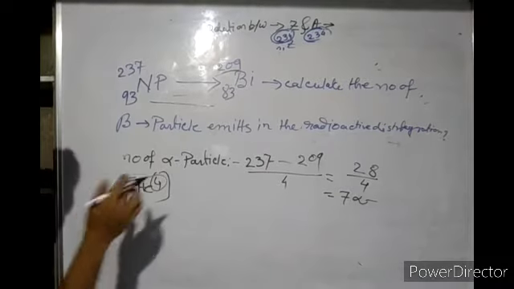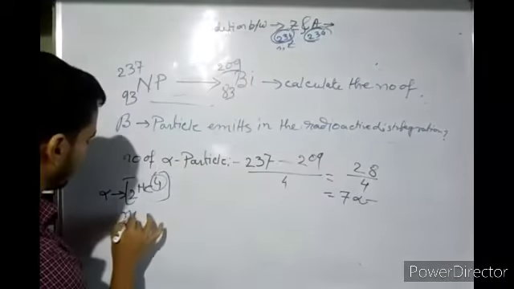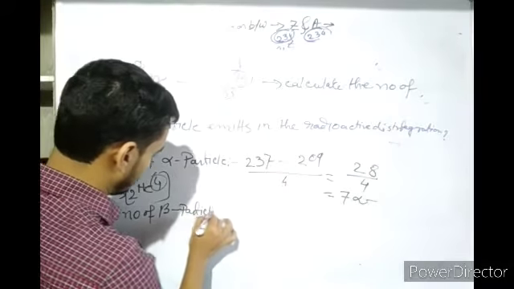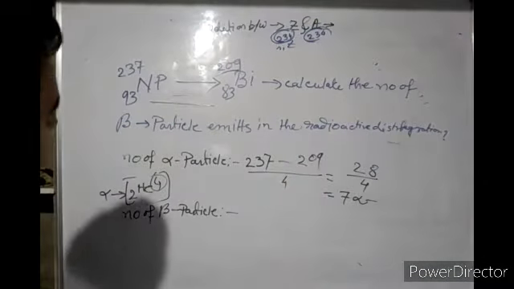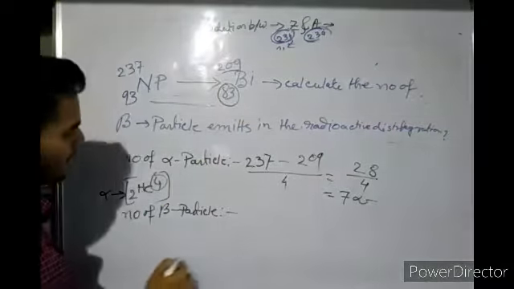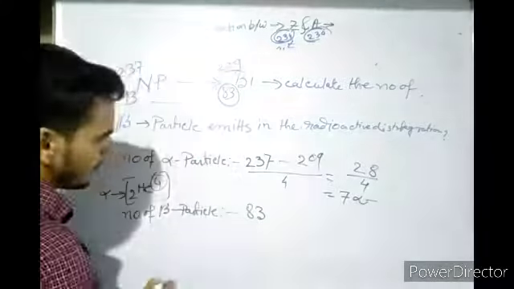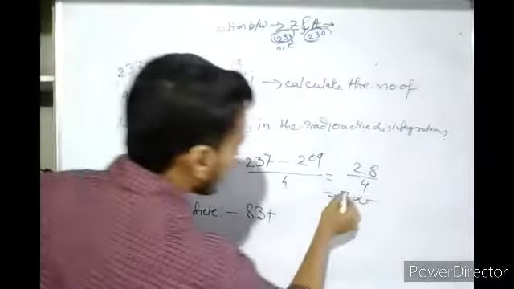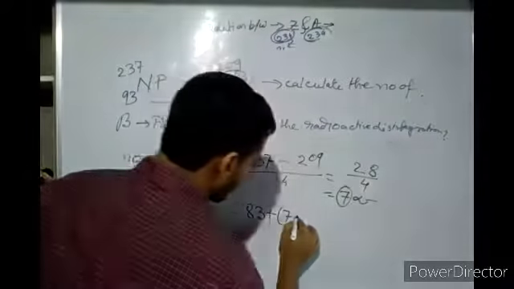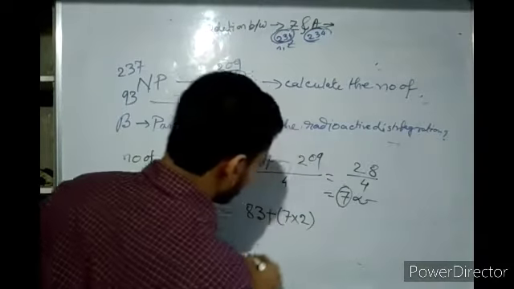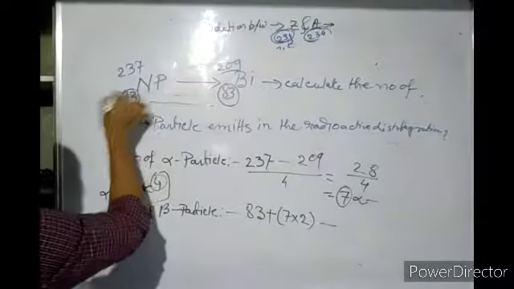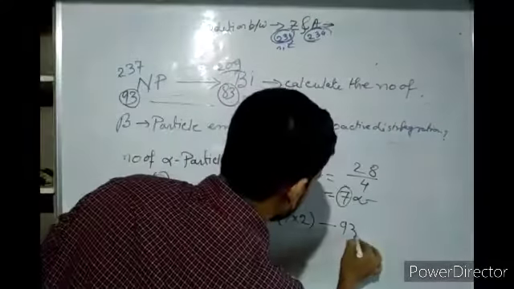Okay. Now number of beta particles. From the formula we know: atomic number of the last stable element, 83, plus number of alpha particles, 7 into 2, minus atomic number of the first radioactive element in the series, 93.